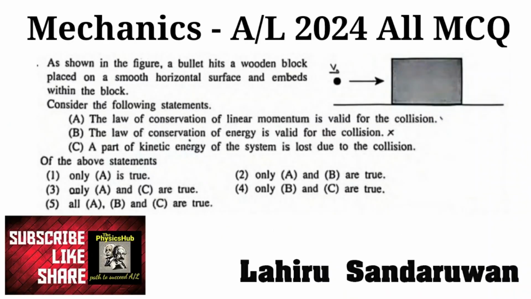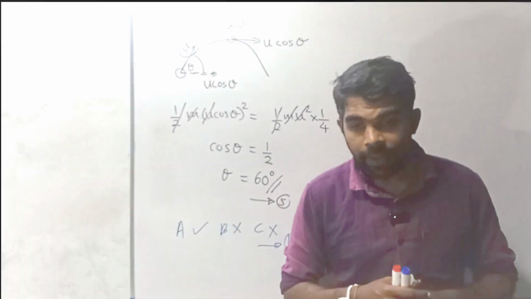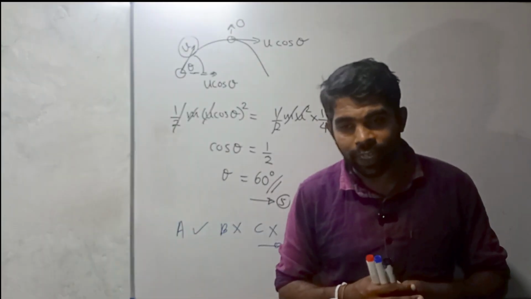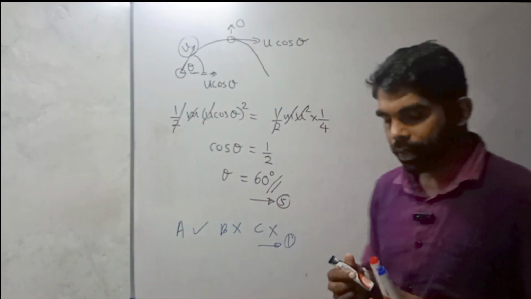Then question number 3. As shown in the figure, a bullet hits a wooden block placed on a smooth horizontal surface and stays within the block. Consider the following statements. There are 3 statements. We have to consider the correctness. A, the law of conservation of linear momentum is valid for the collision.